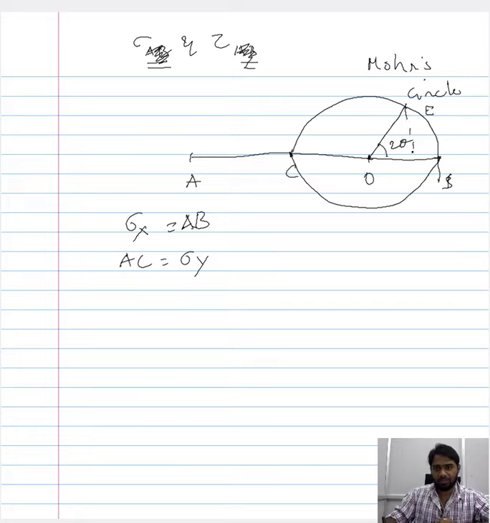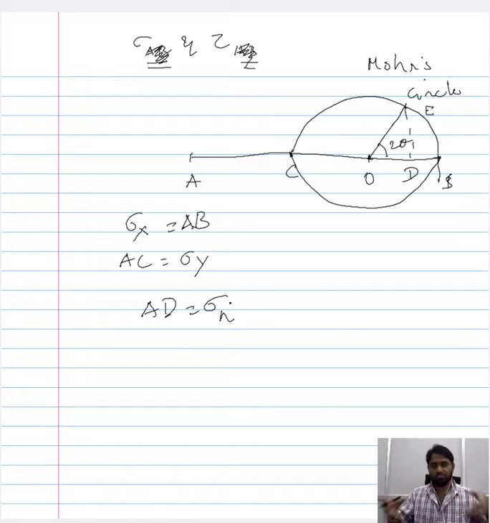And we saw in the first part of this lecture that AD would give you the normal component of stress experienced by the region of interest under biaxial loading condition within the three-dimensional plate, and DE the shear component of stress experienced along the region of interest.